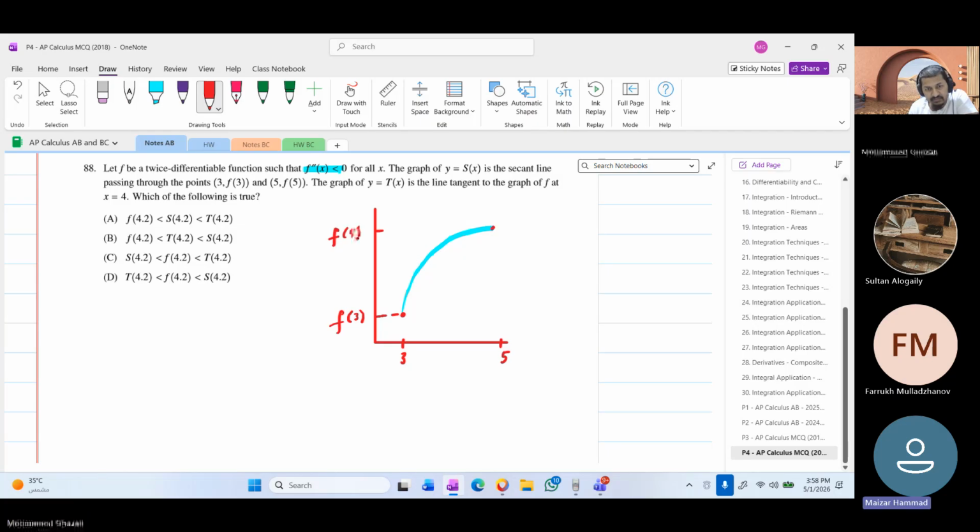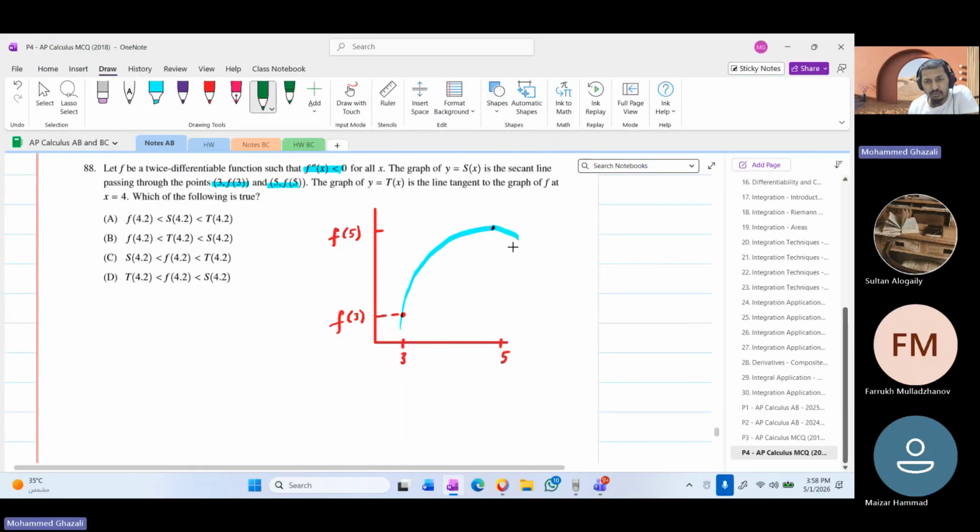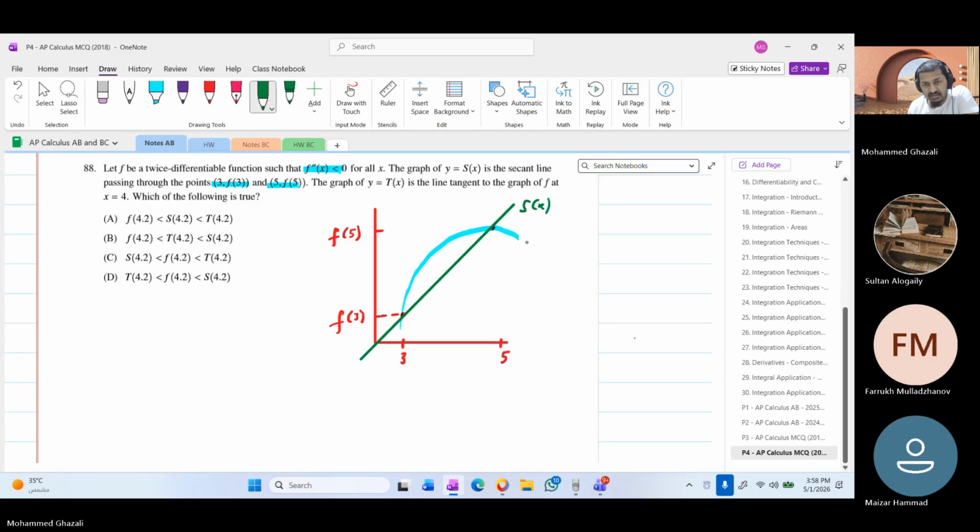Let me continue this concave down function. Now, y equals s of x is a secant line passing through these two points, which is just a line from here to there. So this is s of x. This function here is f of x.